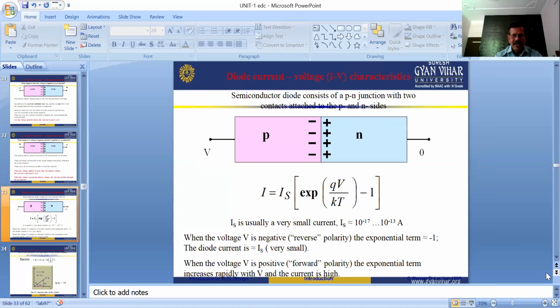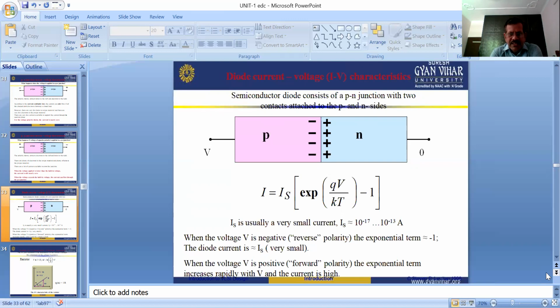Here Is is a very small current. Is is 10 to the power minus 17 to 10 to the power minus 13 ampere. This is a very small value of current.